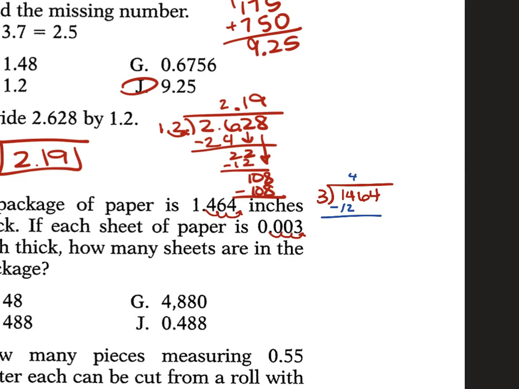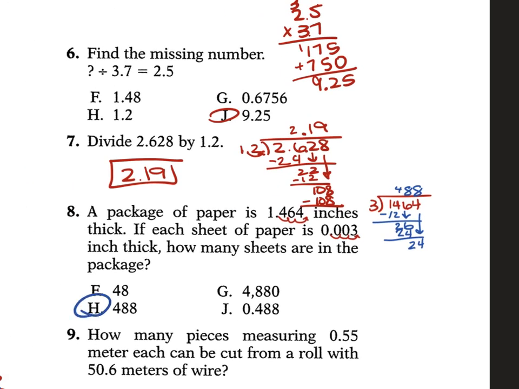The 3 comes out. The 2 comes down. Then the 6 comes down. So 3 goes into 26 8 times with 24. 2's left over. I bring down the 4. That's 24. So 3 goes into 24 8 times. So this is 488.